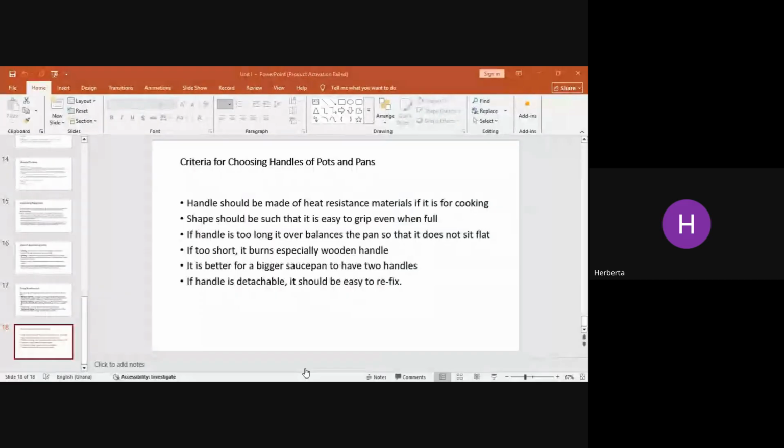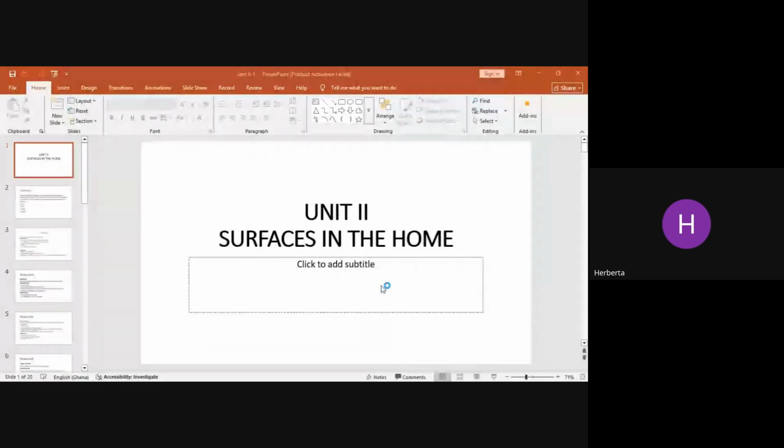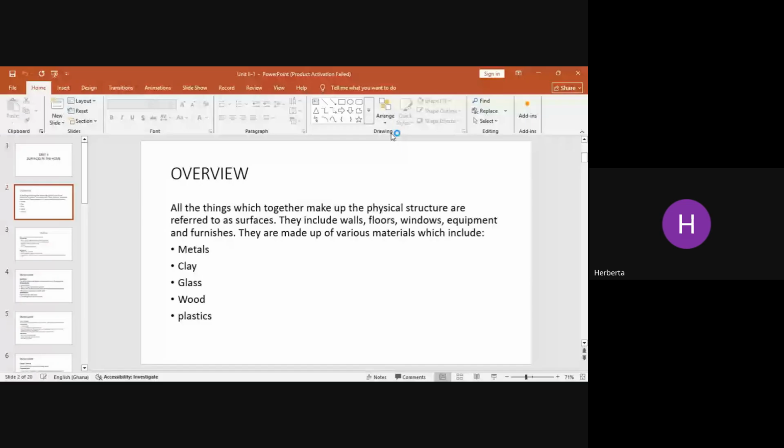Surfaces in the home. In unit 2, we are looking at surfaces in the home.